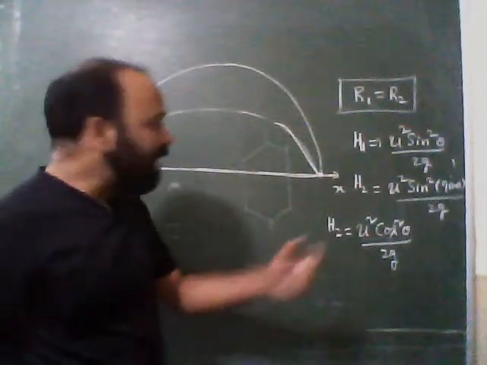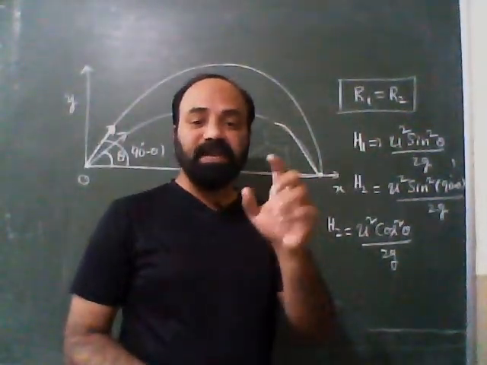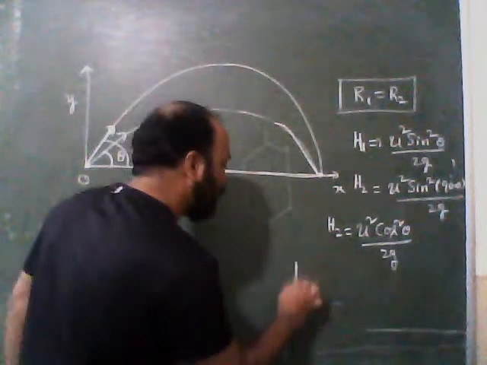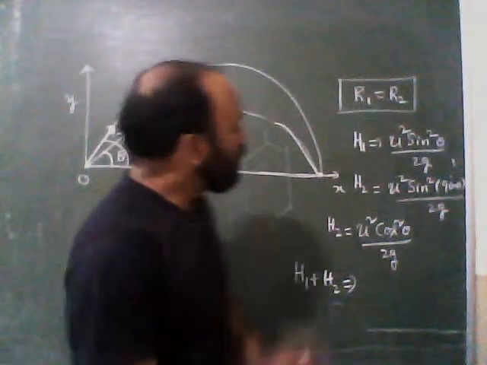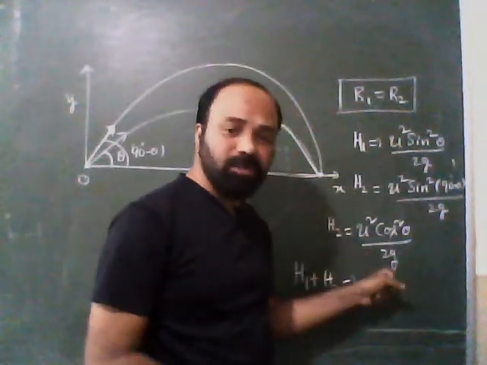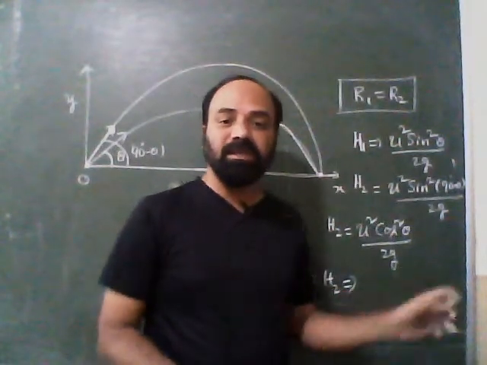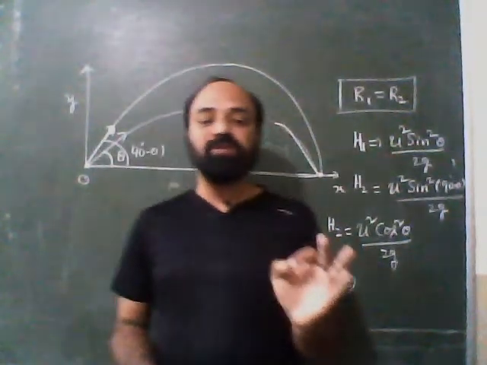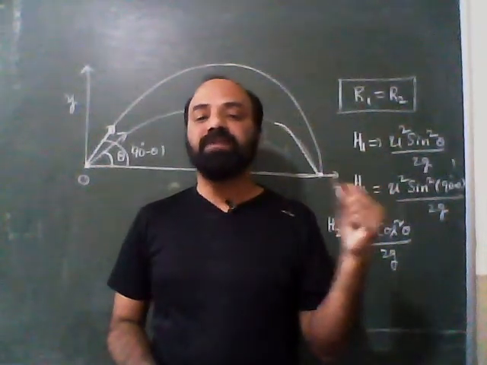Now if you add H1 plus H2, the sum of the heights, see guys, here u square by 2g is there, here also u square by 2g is there. Here sin square theta is there, here cos square theta is there. If you take u square by 2g common, in trigonometry we learned sin square theta plus cos square theta equals 1.